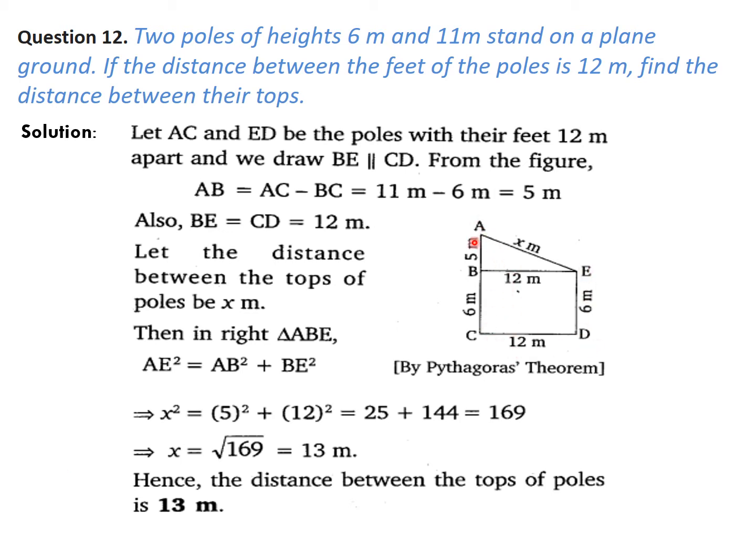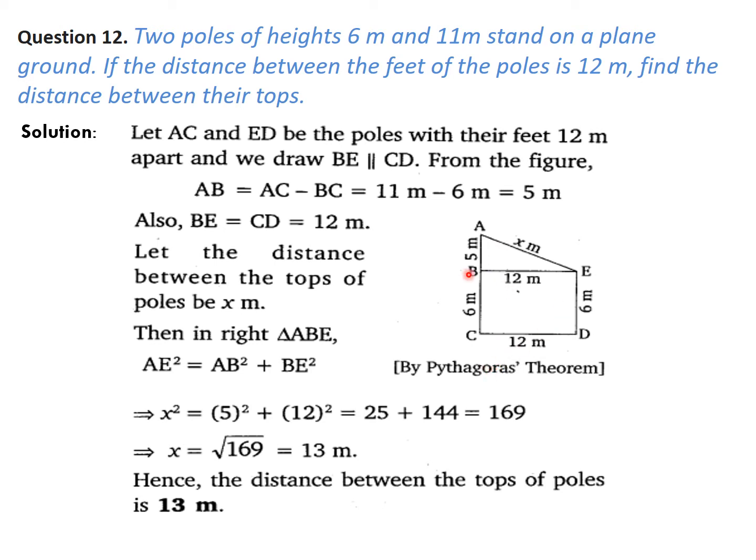The height of AC is 11 meters and the height of ED is 6 meters. They are standing erect on the ground, that is, they make 90 degrees at the bottom. So angle C and angle D are both 90 degrees.